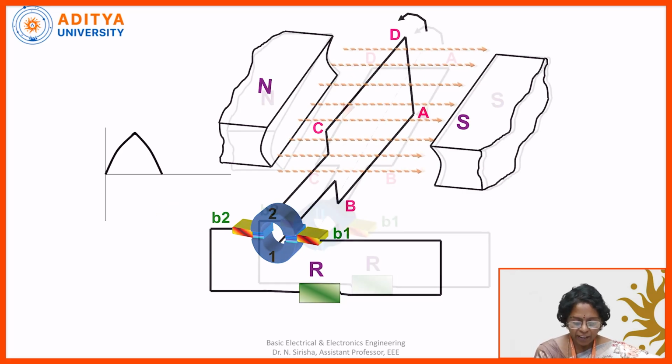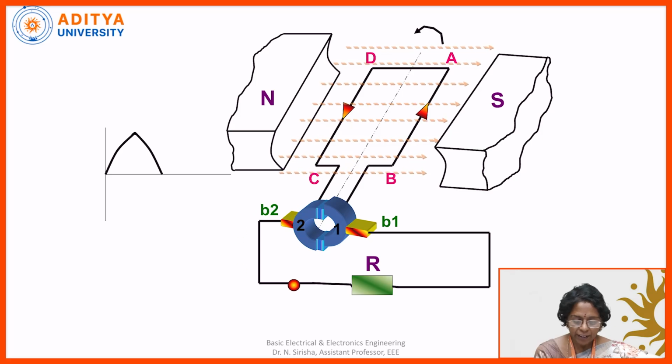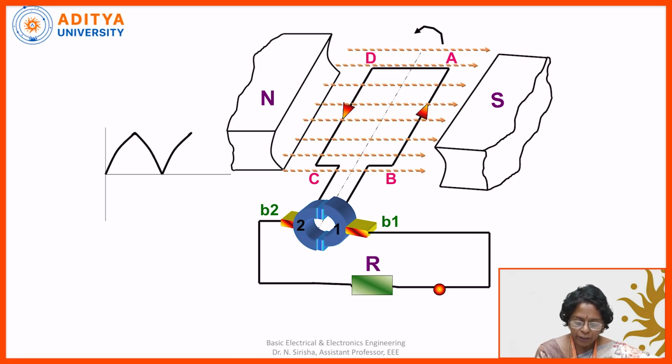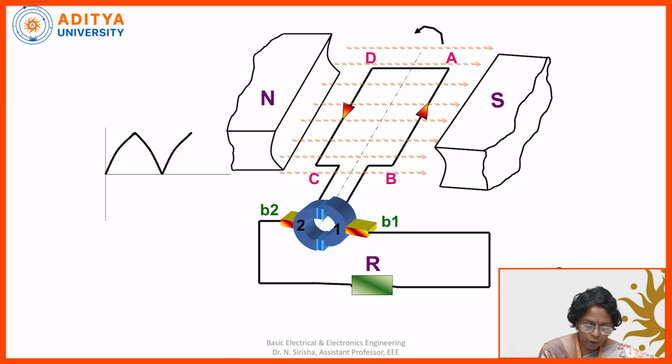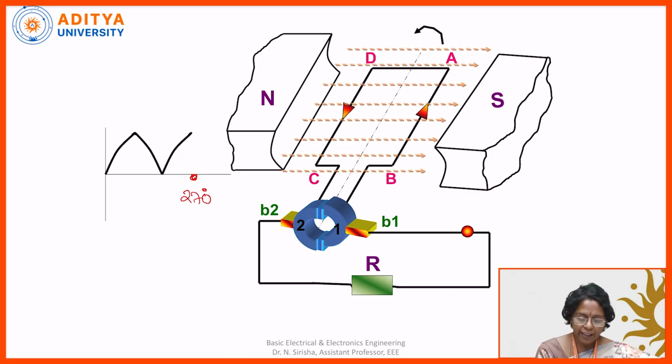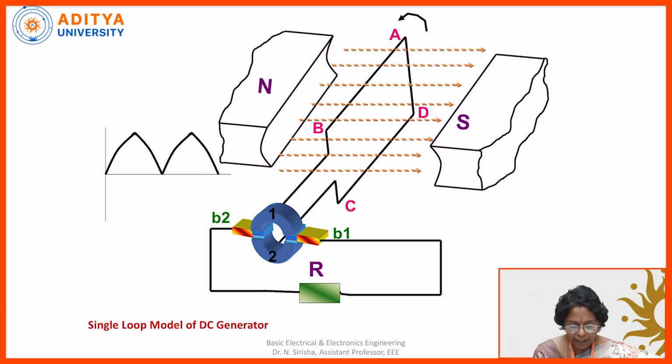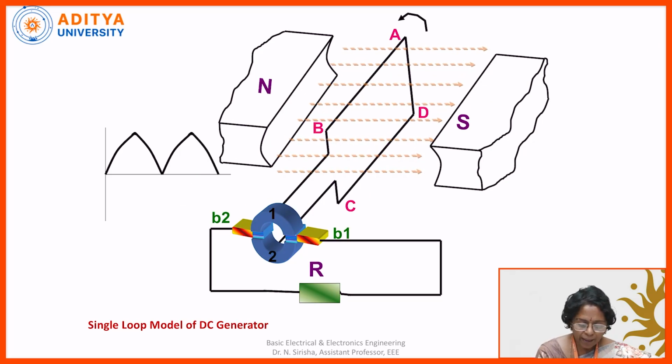Next position, again when the coil is still reversed at 270 degrees, maximum EMF will be induced since the flux cut by the conductors is maximum at 270 degrees. At 270 degrees, EMF induced is maximum. Still 90 degrees, this rectangular coil is rotated. At this instant, again the coil comes to the initial position.